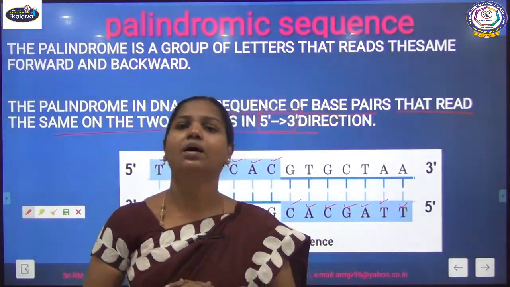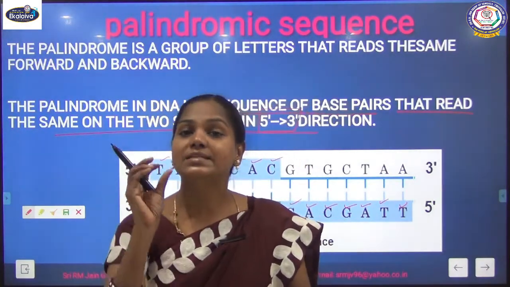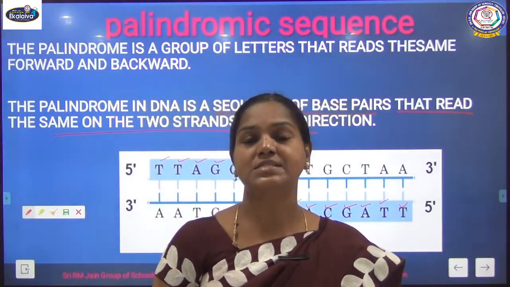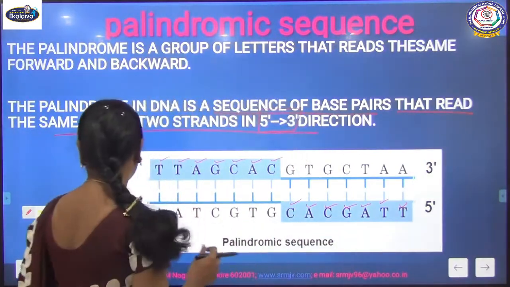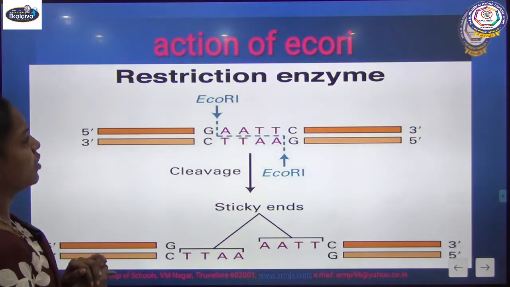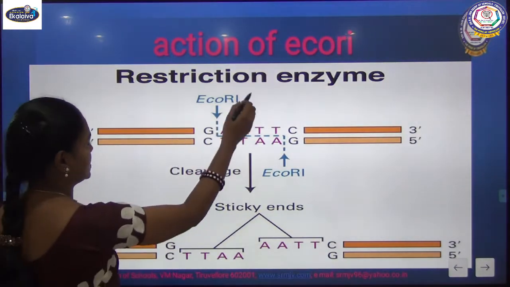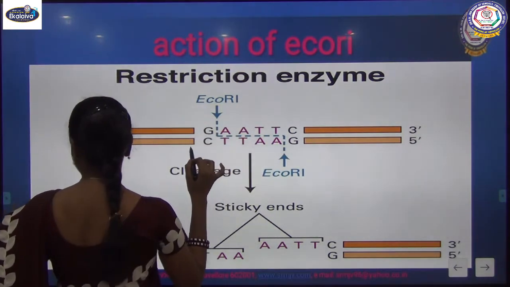And what is the significance of this palindromic sequence? That is the recognition site for our restriction enzymes. Now the action of EcoR1: see, it is cutting here.